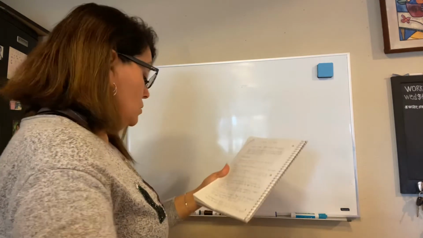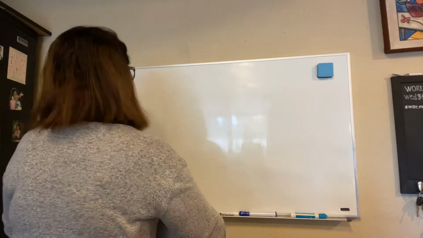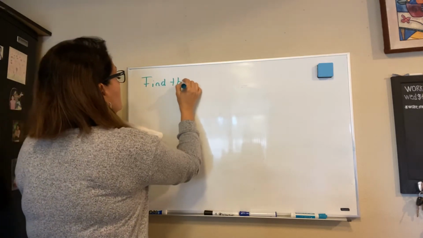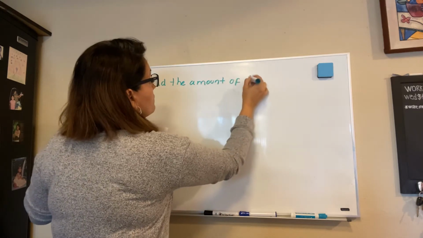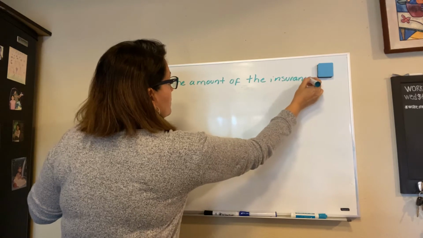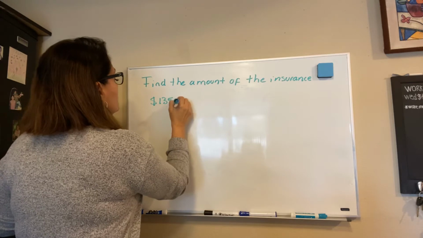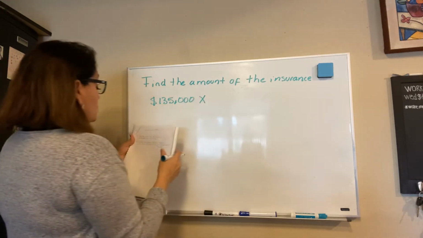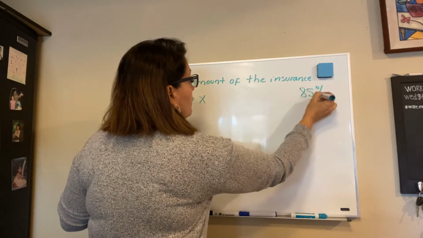So what am I going to do? Step one, I'm going to find the amount of the insurance. It was 135,000, right? It was the value of the house, and they insured 85%. Remember, guys, 85%.